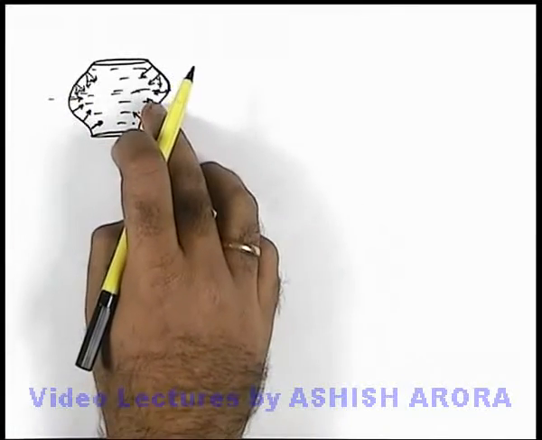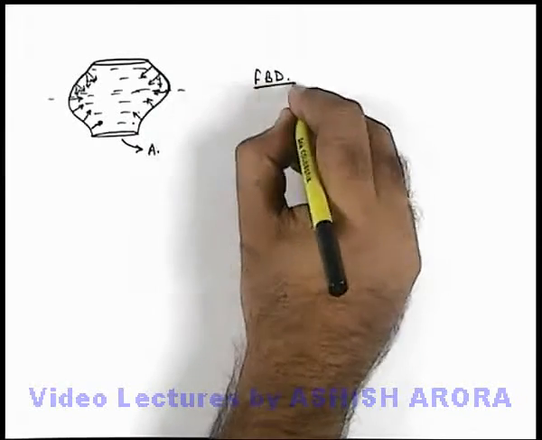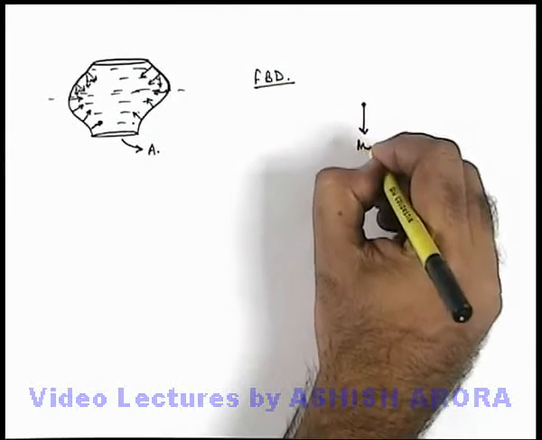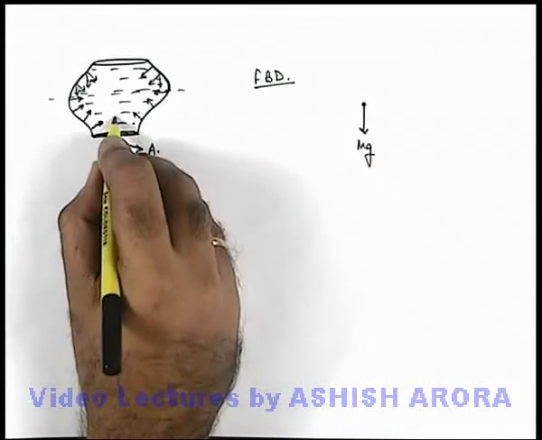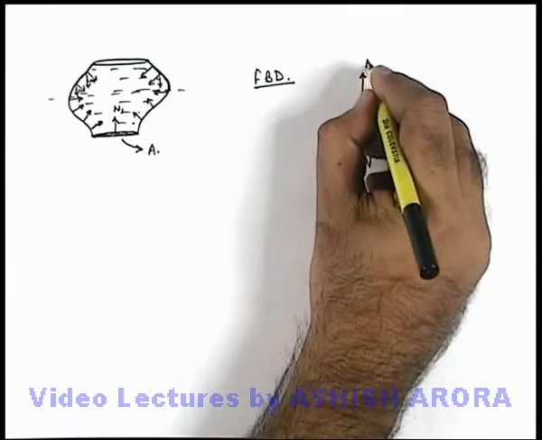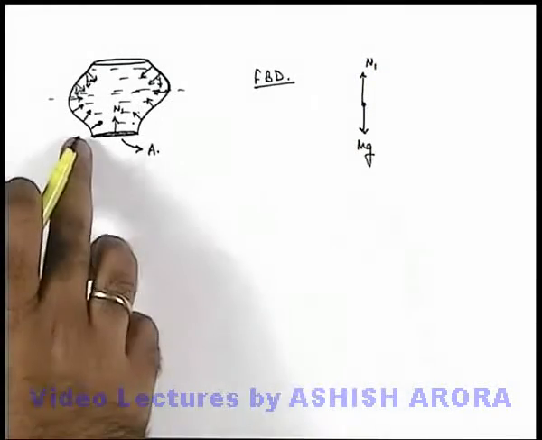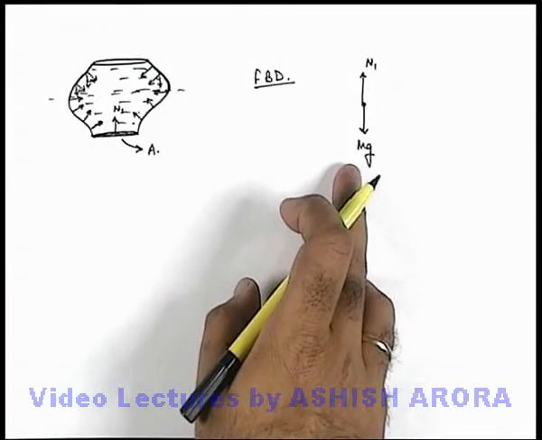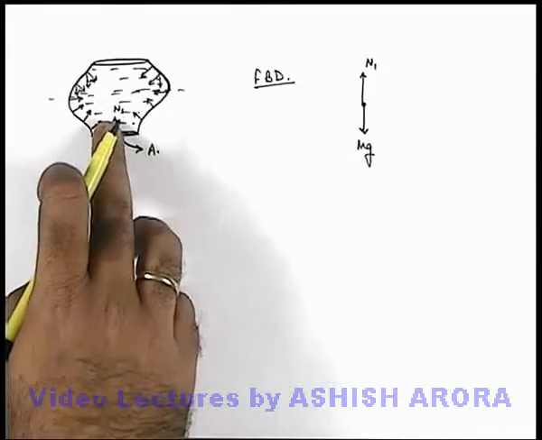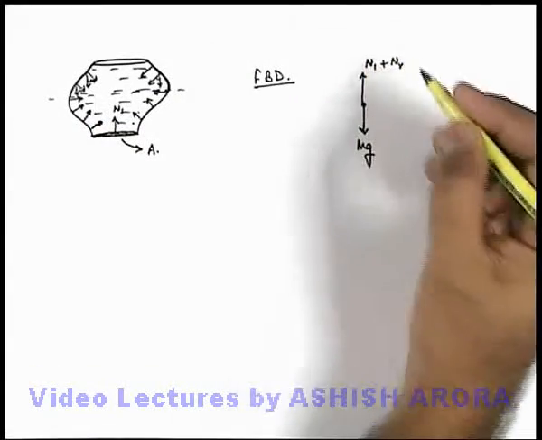If we draw the free body diagram of the fluid, weight mg will act in the downward direction, and the normal reaction N1 at the bottom will act in the upward direction. If the weight is more than the normal reaction N1, then obviously NV will act in the upward direction.